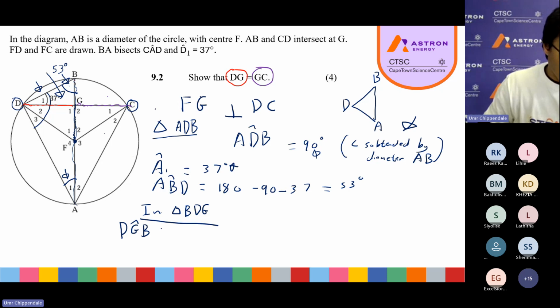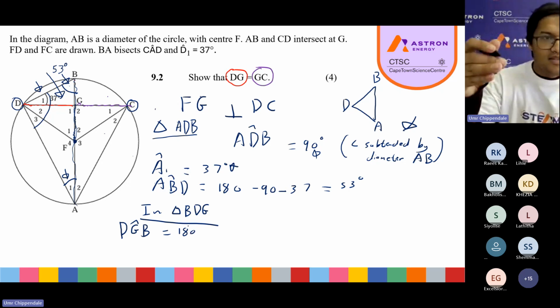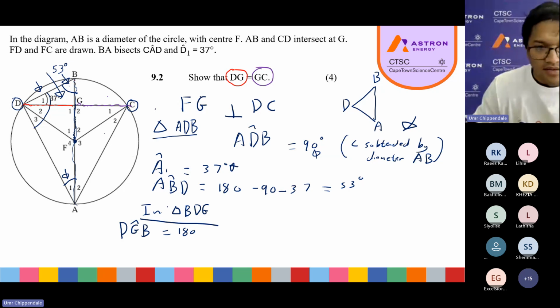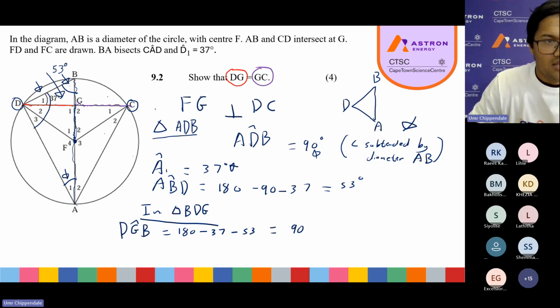DGB plus 53 plus 37 is going to be equal to 180, because remember, the angles of a triangle sum to 180. So 180 minus 37, which was our D1, minus 53, which is our B, is equal to 90 degrees. That should be 90, because we're looking at this last one over here, and that is the angle we were looking for.